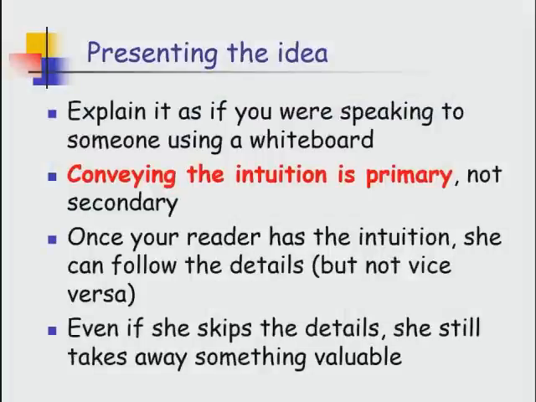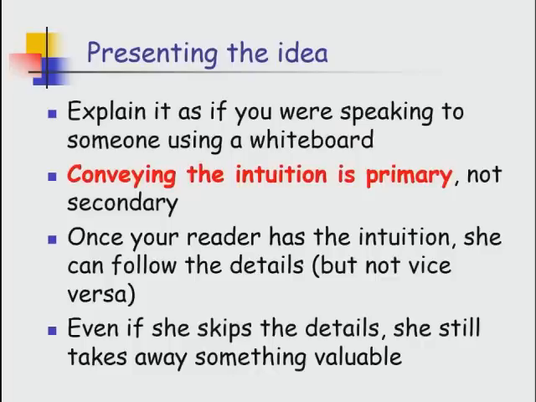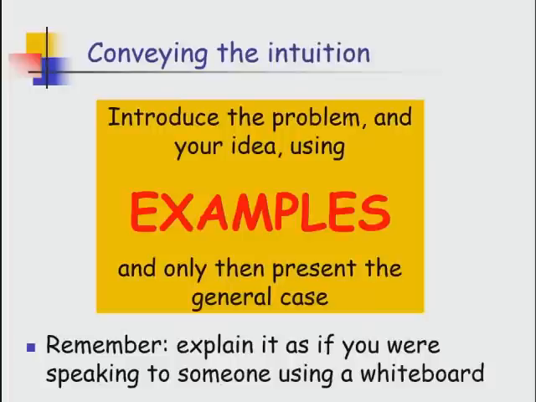When you're talking about your readers, you want to convey the intuition first. When I was with Marco at my whiteboard, I did not write this up, right? I said, here's an example, and I tried to convey to him the intuition. So the initial stages of your paper should convey the intuition, leaving the formality, the details, and all the Greek symbols for a little bit later in the paper.